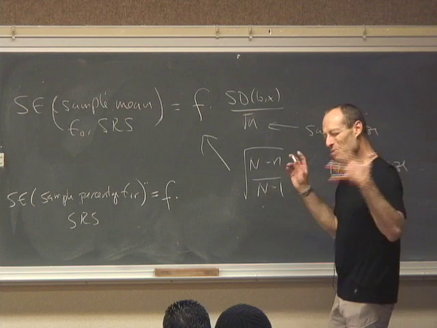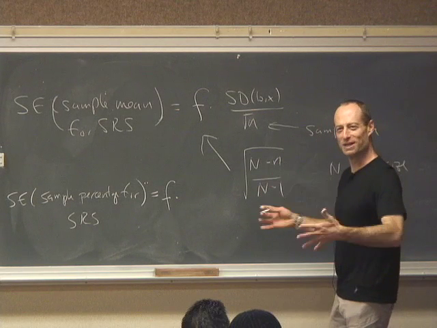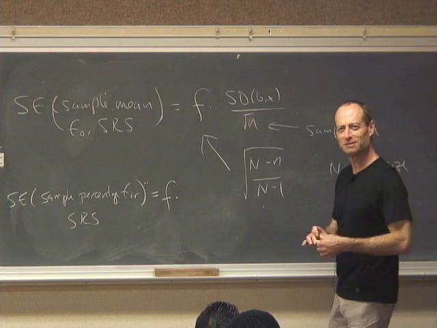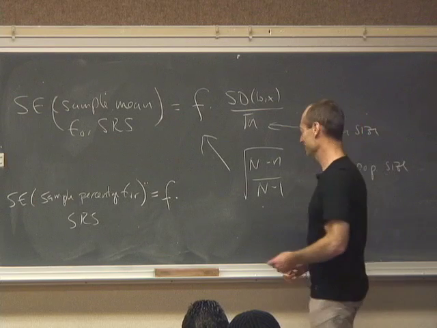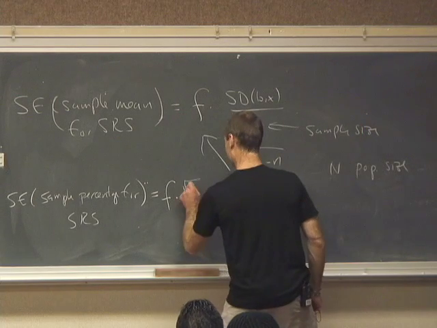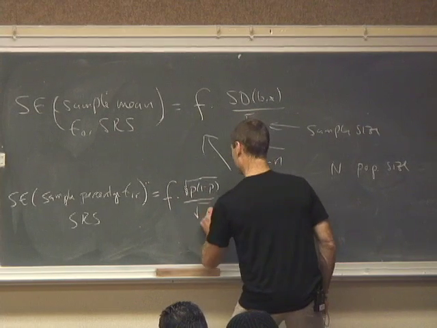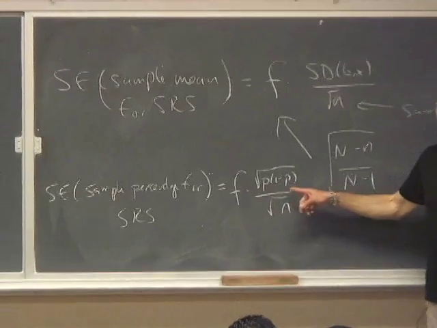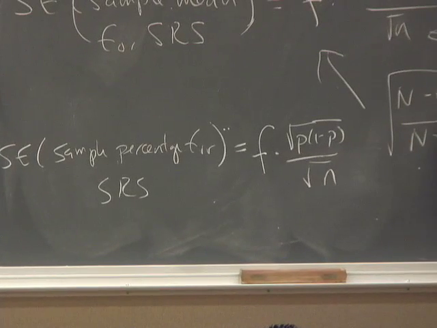If you have a 0, 1 box that has a fraction p of 1s, what's the SD? The SD of the box is the square root of p times 1 minus p, where p is the fraction of 1s in the box.